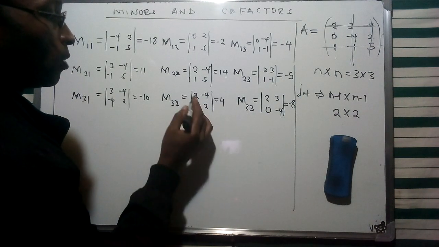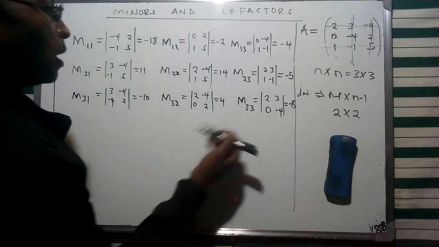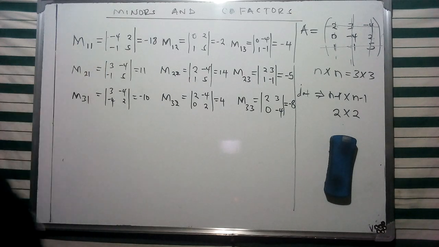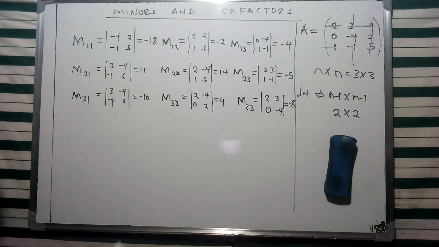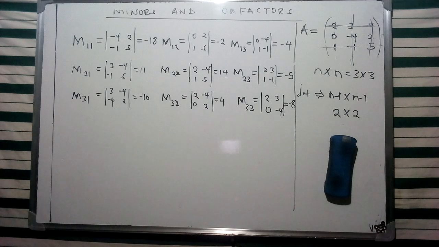The determinant of this is 4 minus 0, which is equivalent to 4. So the respective numbers which I've obtained for this ith row and jth column are referred to as the minor of this specific matrix which I've given in terms of A.